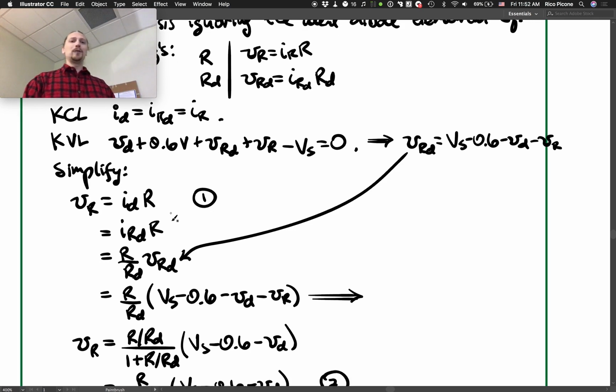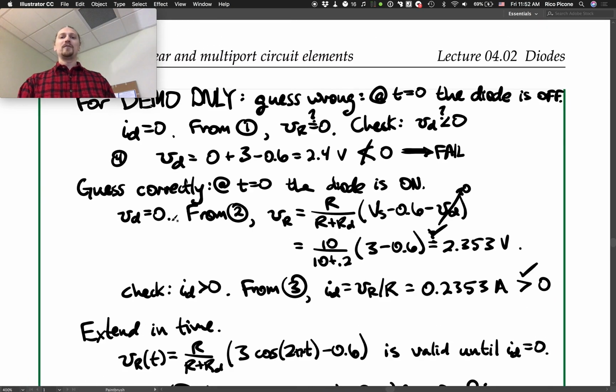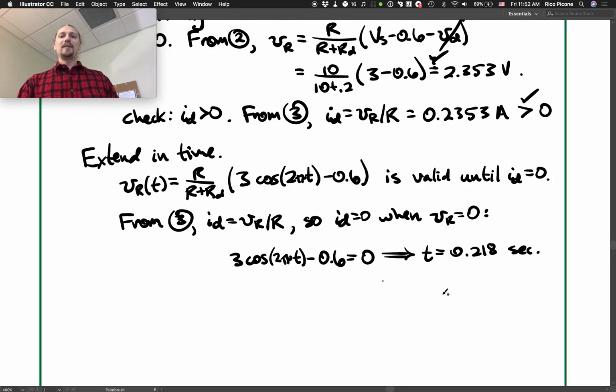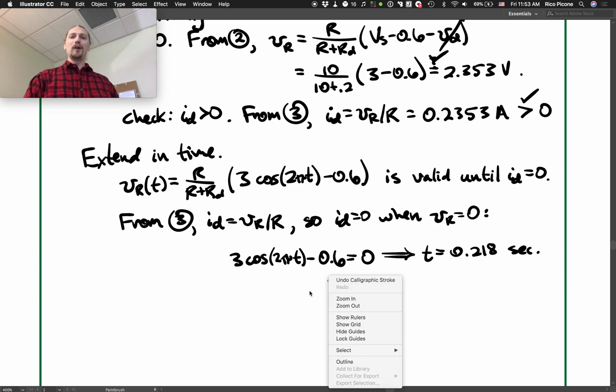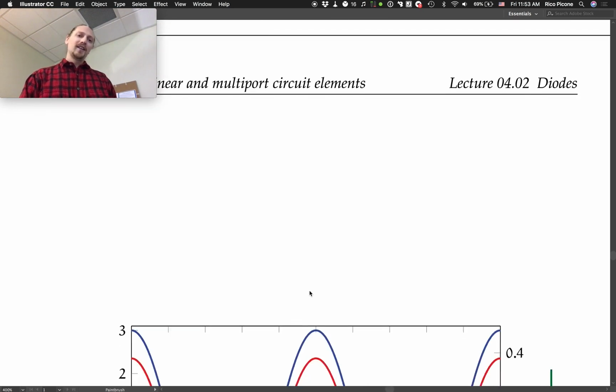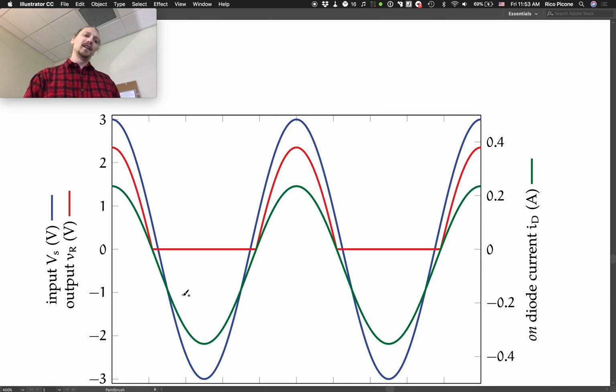So it's going to look like a cosine until time is equal to 0.218, and then it's going to look like a cosine that's offset by 0.6 volts, and then it's going to flatline. And once the voltage source comes back up, it will switch back to on again.